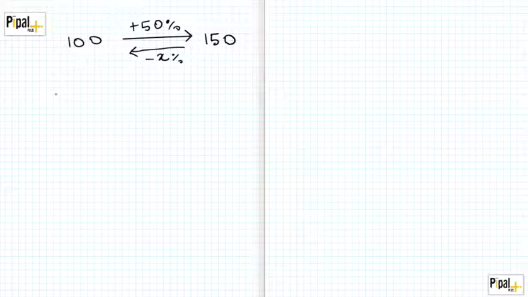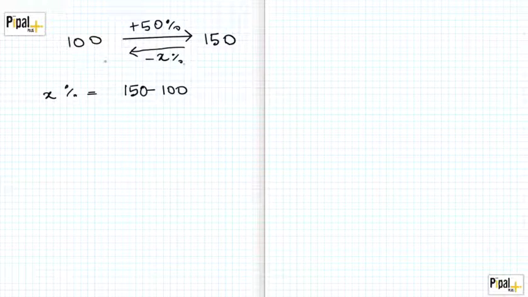Now, this X percent can be computed as follows. X percent is going to be the difference that I want to come back, and I put a negative sign here already, so I'm not going to do 100 minus 150. I'm just going to do 150 minus 100.